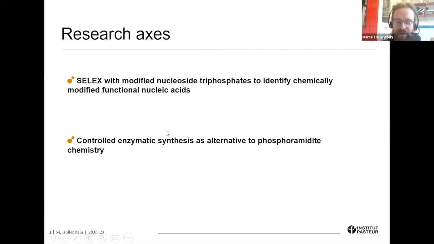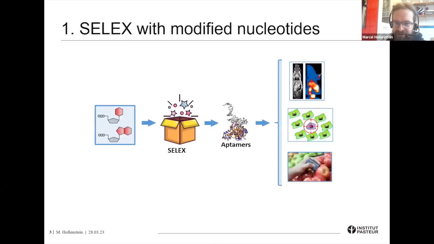In a second, somewhat related project, well, because one has to synthesize these modified oligonucleotides, we try to develop approaches for the de novo synthesis of chemically modified oligonucleotides, focusing essentially on antisense oligonucleotides. So we'll exemplify these two research axes by recent projects, and I will start with the SELEX using the modified nucleotides.